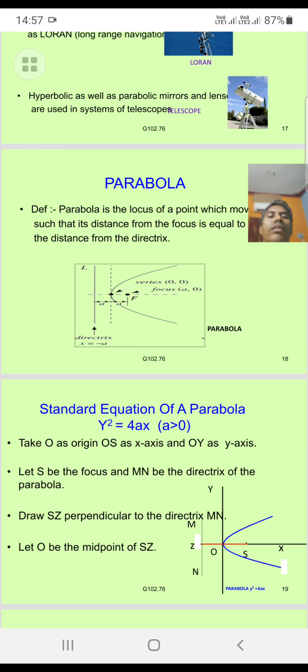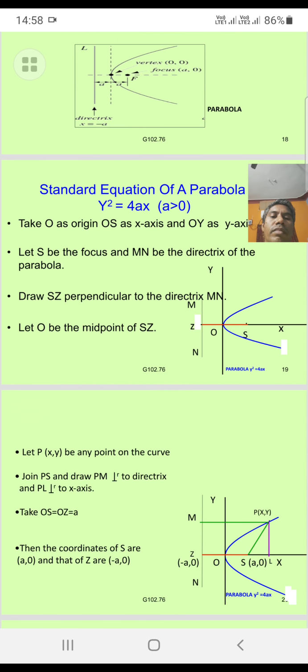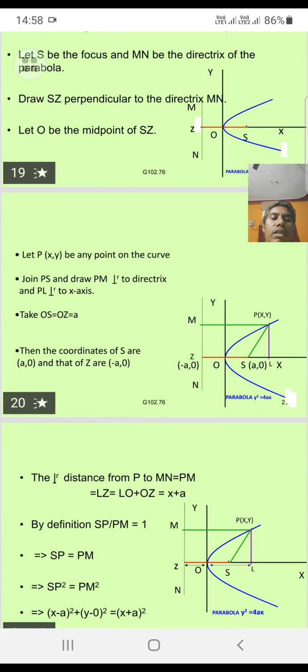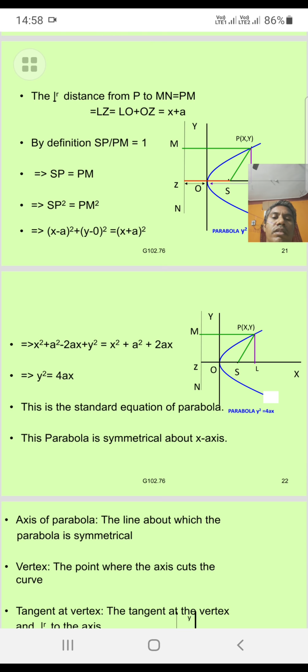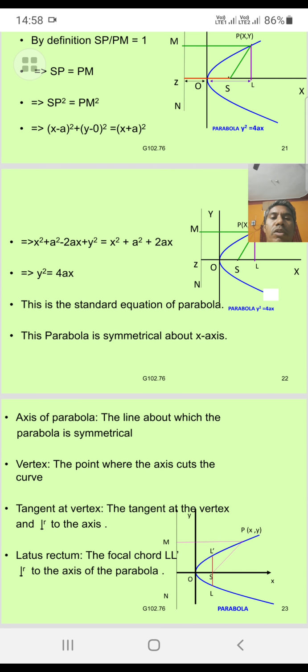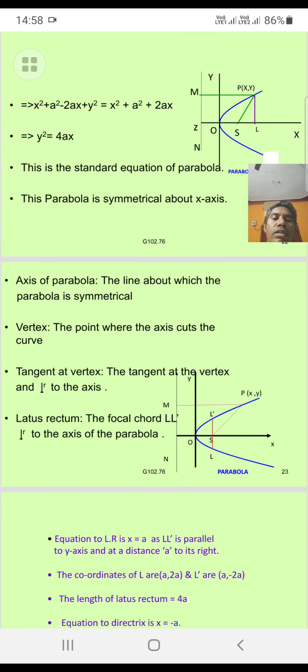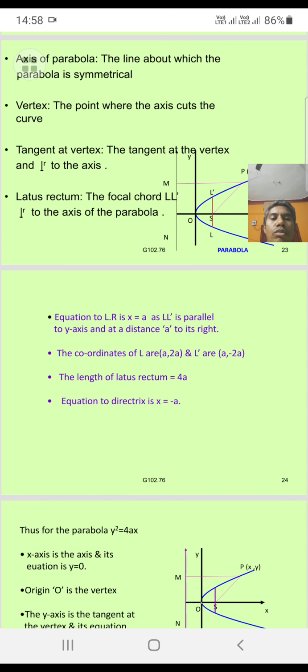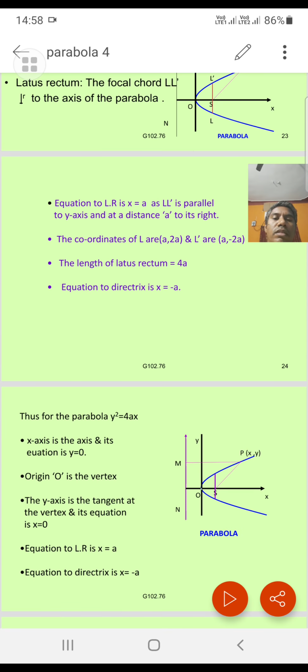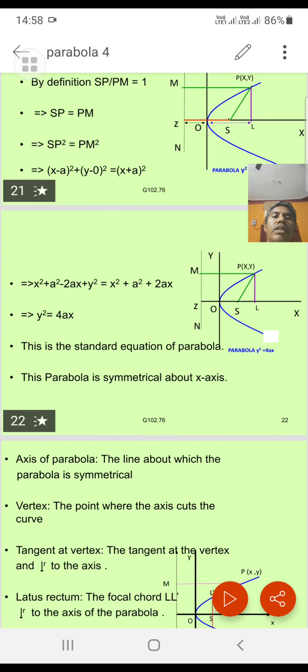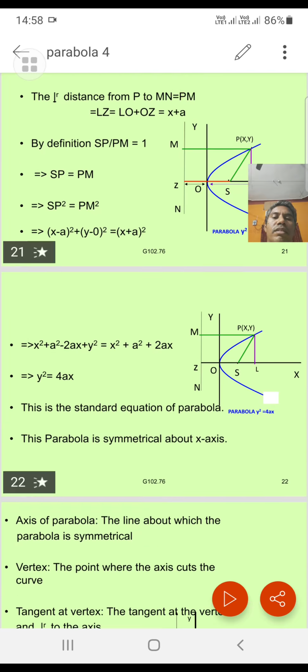All these we can find from the equation, and by using these points we can form the equation. So we can do it both ways.